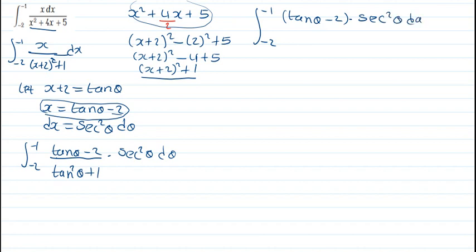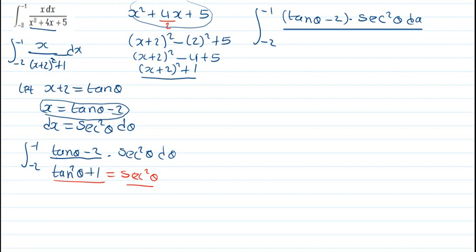Then we divide everything by tan squared plus 1, which is sec squared. We know the identity that tan squared theta plus 1 is simply equal to sec squared theta. So instead of having this whole expression, we can replace it with sec squared.